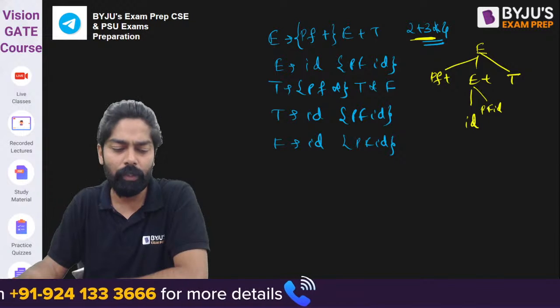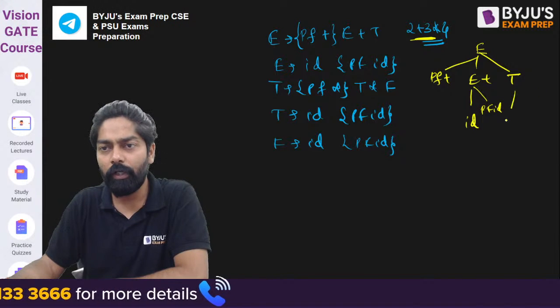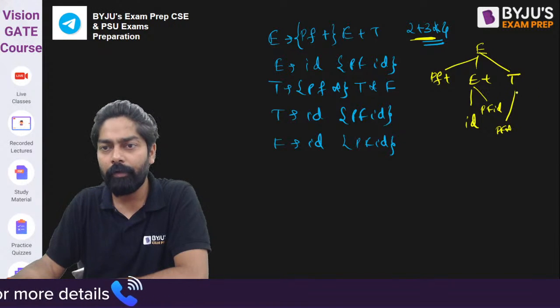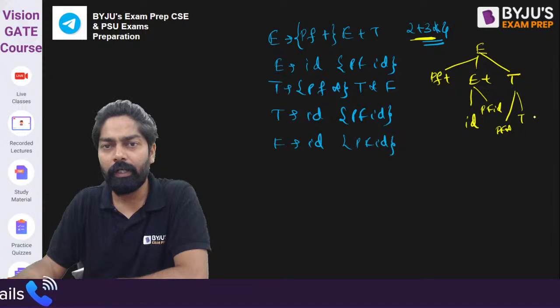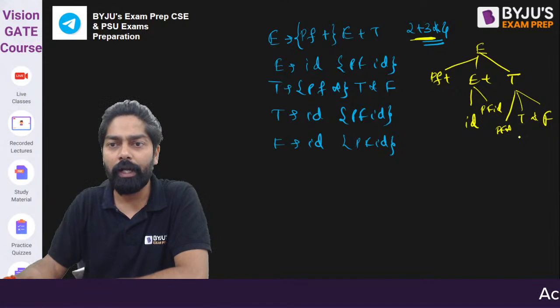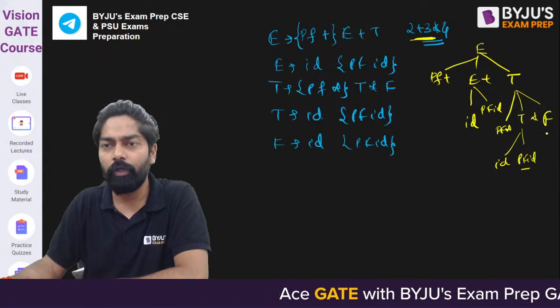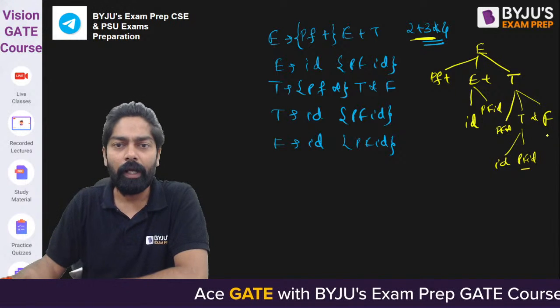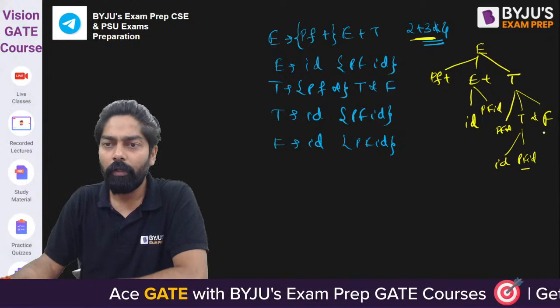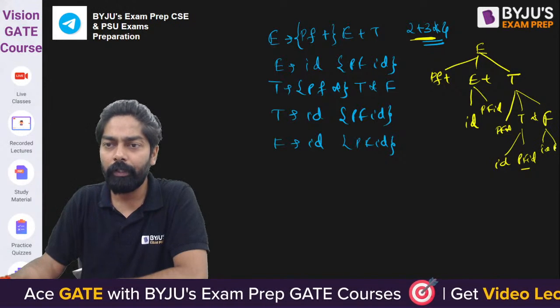Either you can do numbering, whatever. T goes to printf star, and we have T star F, and T goes to ID with printf ID, and F goes to ID and printf ID.